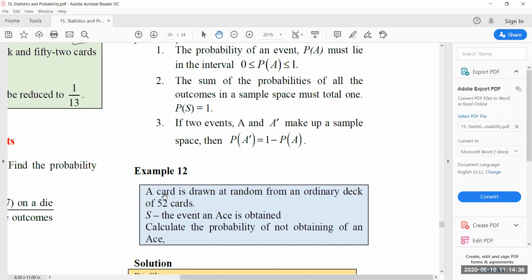Okay. So a card is drawn at random from an ordinary pack of 52 cards. S represents the event that an ace is obtained. Calculate the probability of not obtaining an ace. What is the probability? How many aces are there in a pack of cards?